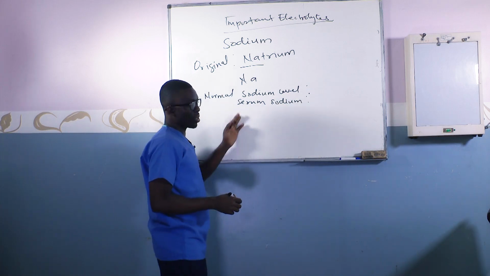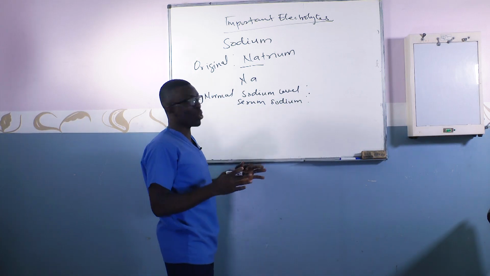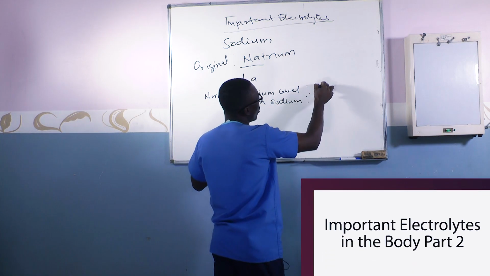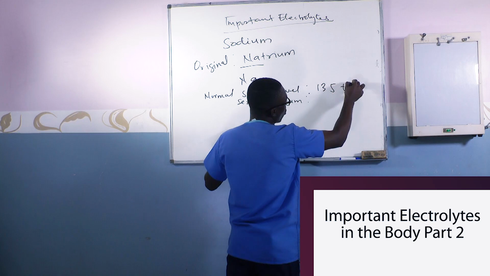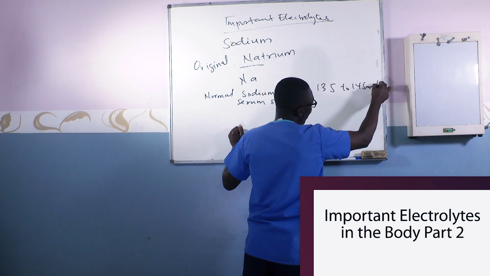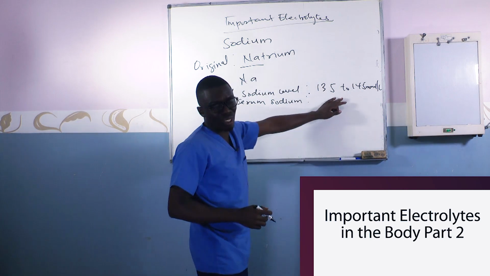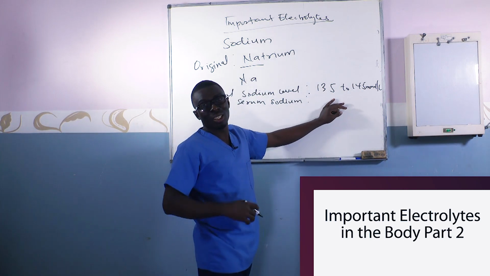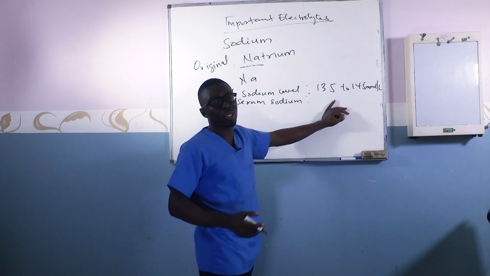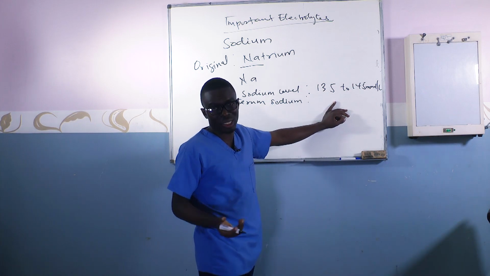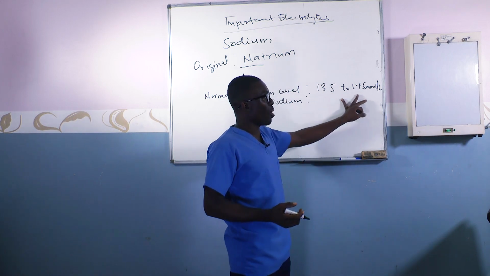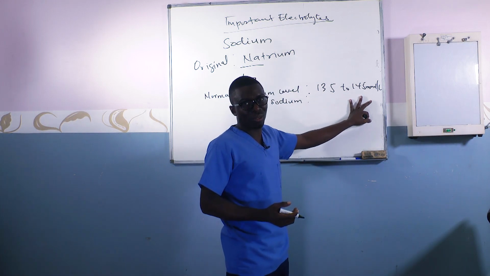The serum sodium, or the amount of sodium which is supposed to be in our body, should be between 135 to 145 millimole per liter. Don't forget this figure. It can be an objective question. You can be asked, what is the normal sodium level in the blood? It's 135 to 145 millimole per liter.